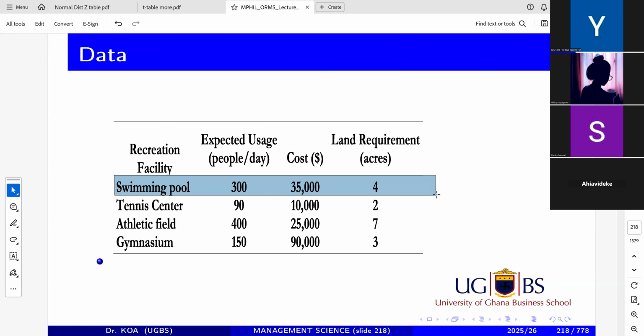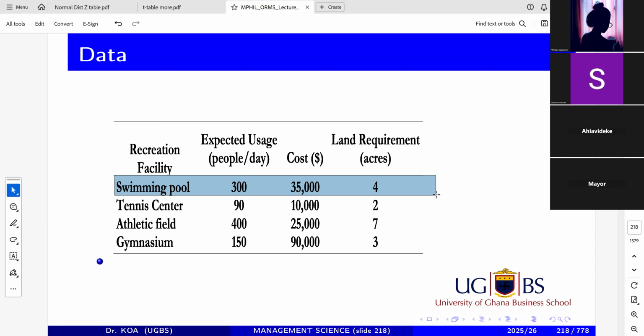The objective function for this one. So the maximum z will be equal to 300x1 plus 90x2 plus 400x3 plus 150x4. The objective function for what? For the recreation facility.